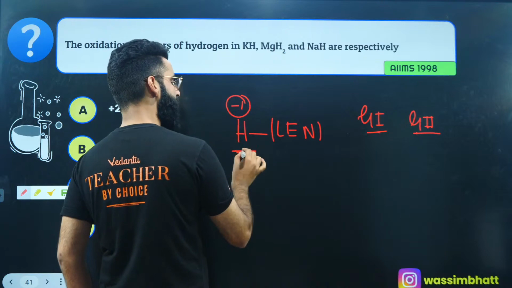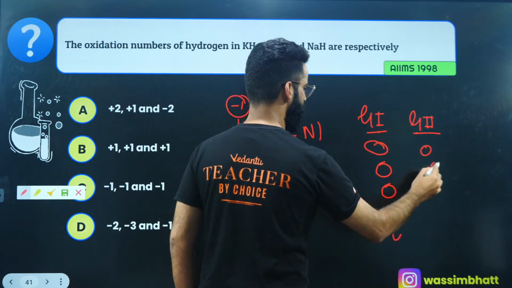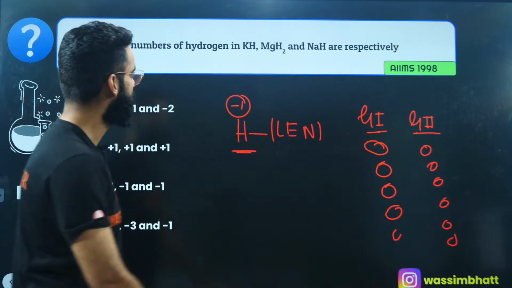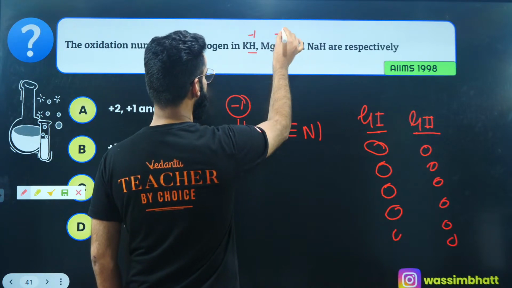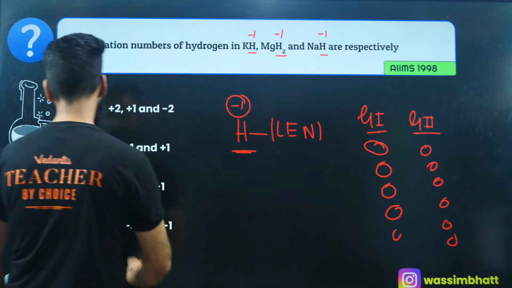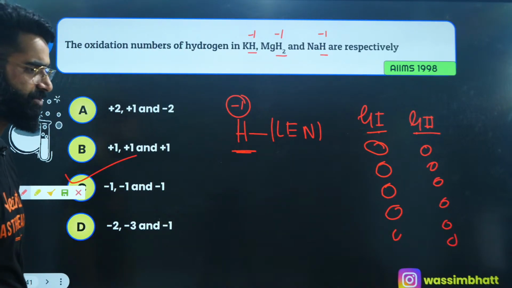So whenever hydrogen is attached with any group first element or any group second element, the oxidation state of hydrogen will be taken as -1. So over here, hydrogen attached to a group first element, -1, hydrogen attached to a group second element, -1, hydrogen attached to a group first element, -1, right? So everywhere, hydrogen is showing -1 oxidation state. So it's absolutely going to be option C, which is the correct answer of this question, right?